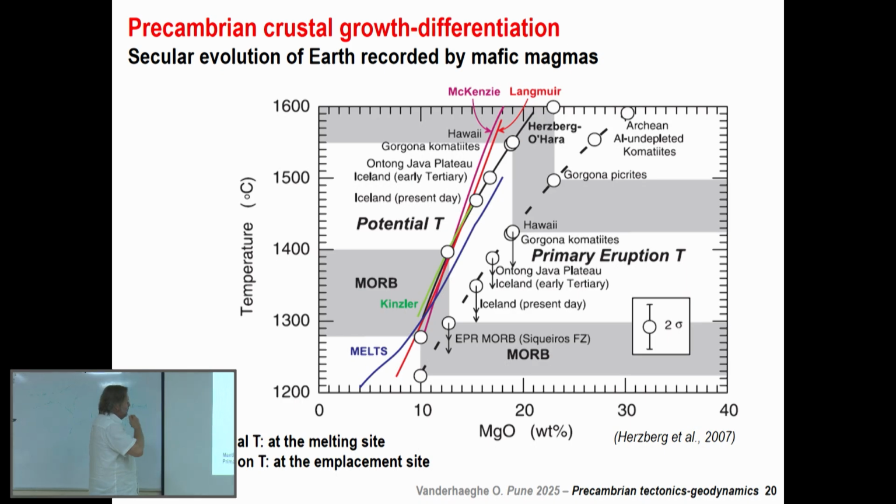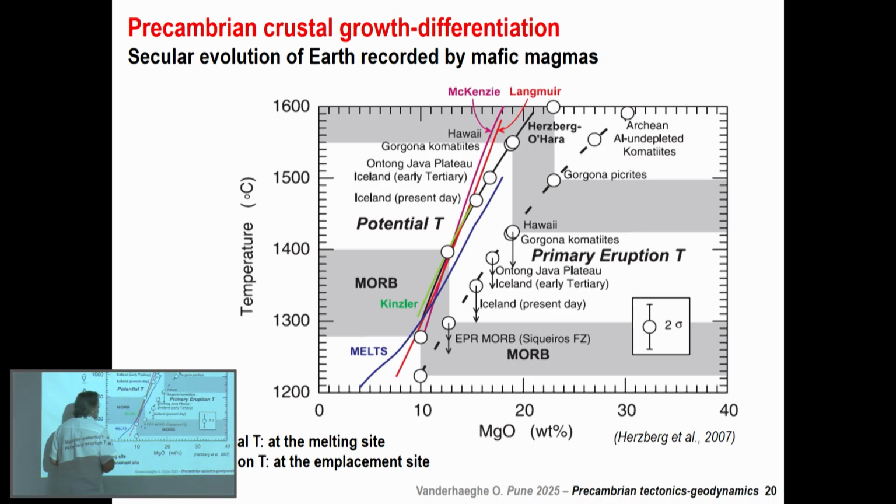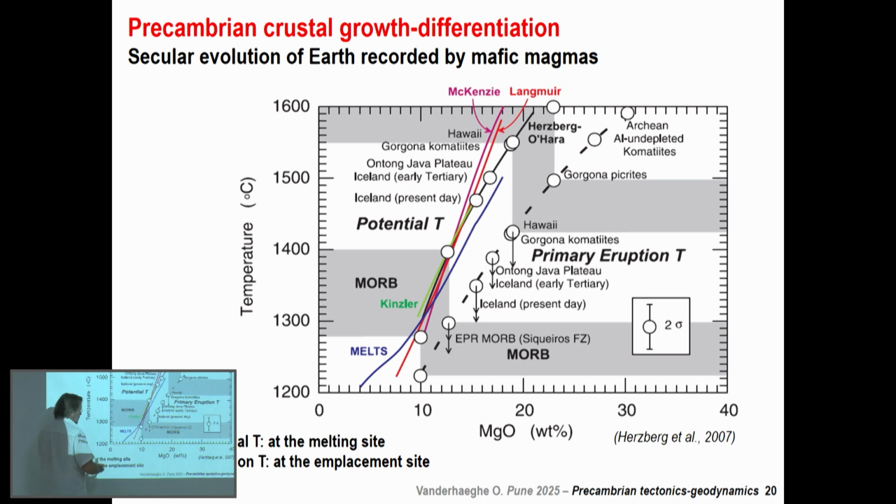In order to understand growth and differentiation of the crust, we also need to take into account the secular evolution of the Earth, which is first recorded by mafic magmas and their magnesium content, which is a proxy for the amount of partial melting of the mantle.